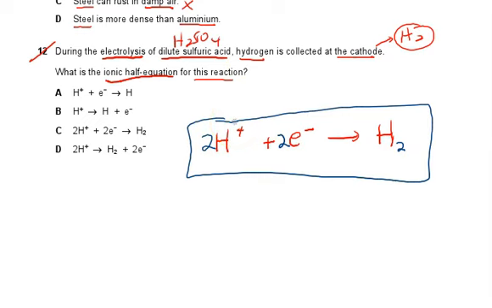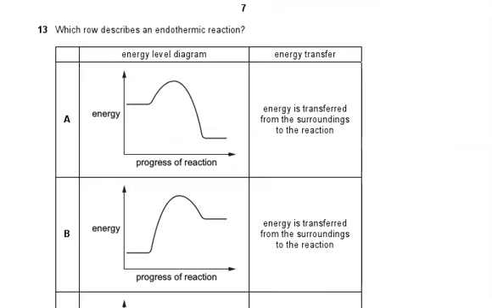So the best answer here will be C. Now let us look at number 13. Which row describes an endothermic reaction? Endothermic reaction, it absorbs heat.